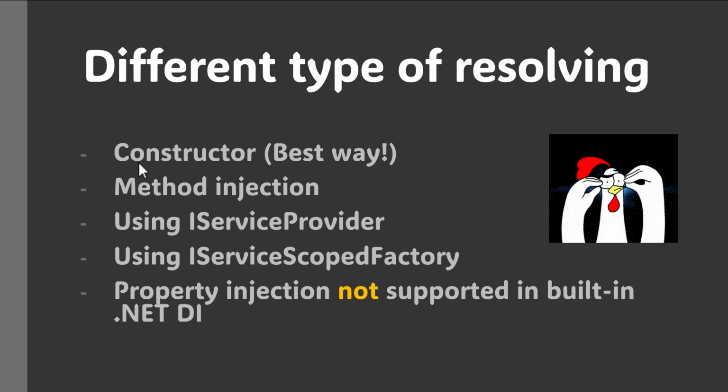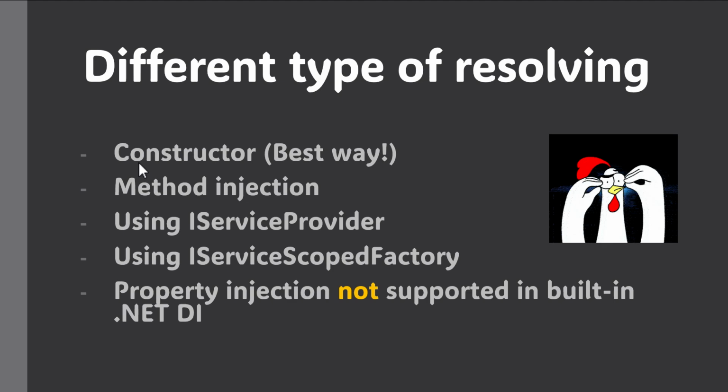Another one is method injection. Maybe we don't want to inject the service from the constructor, but every time a specific method gets called, then we ask the DI to resolve the services. In very certain scenarios, we can use this one. We're going to talk more in the code. Again, we can actually use the interface IServiceProvider directly.